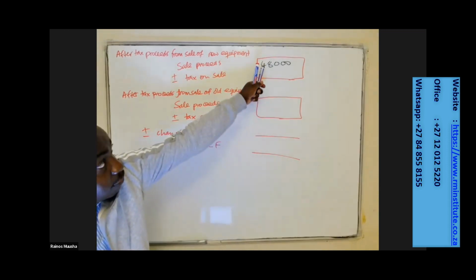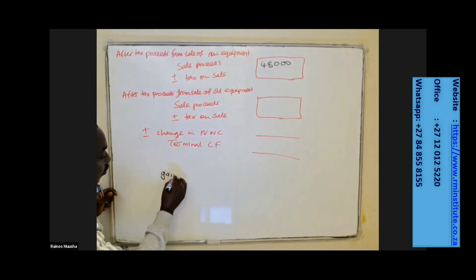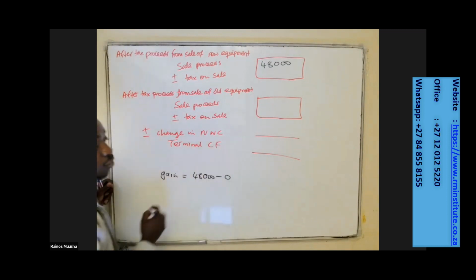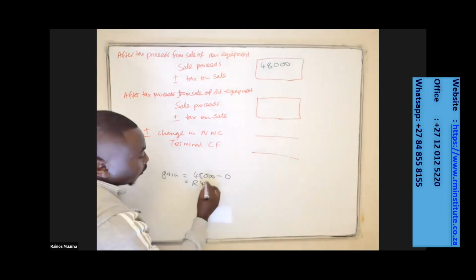But if we're able to sell it for 48,000, it means we should be able to sell it at a gain. So our gain on the new equipment is going to be 48,000 minus the tax value of 0, because at the end of the 4 years the new equipment is deemed to be fully depreciated.